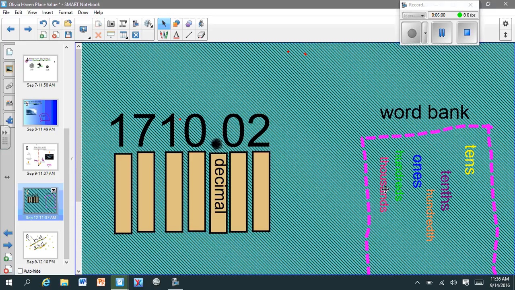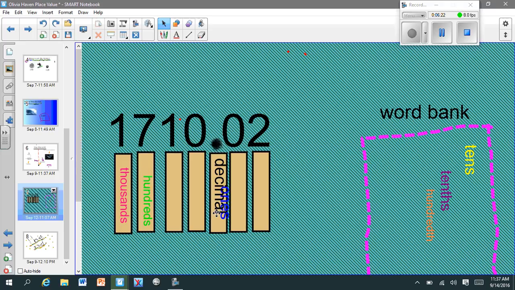Okay, I've given you a little bit of time. Let's check them out. So thousandths, if you put it here, is correct. Hundredths, if you couldn't see it, if you put it here, is correct. Not this one. If you put hundredths here, then it is wrong.